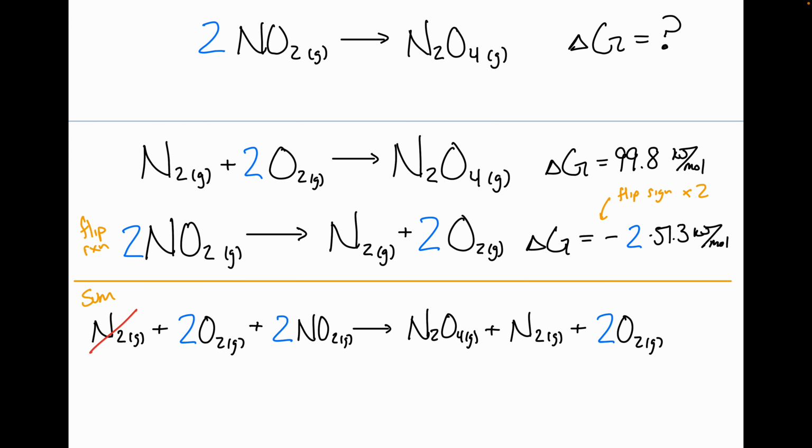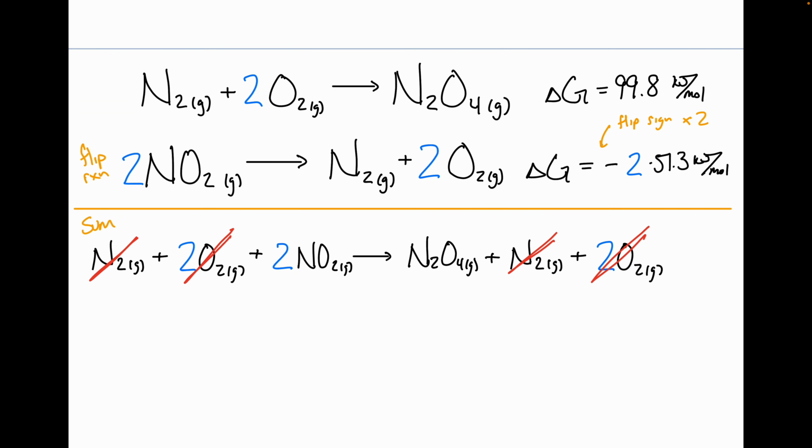Yeah, cancel out things that appear on both sides here, right? So my nitrogens can go, my oxygens can go, and we see that we are indeed left with that overall equation we were hoping to study. Our two nitrogen dioxides becoming nitrogen tetraoxide.